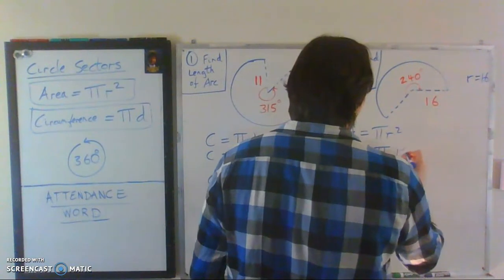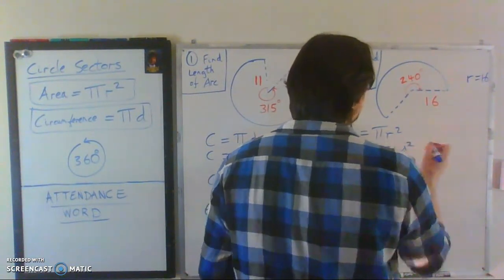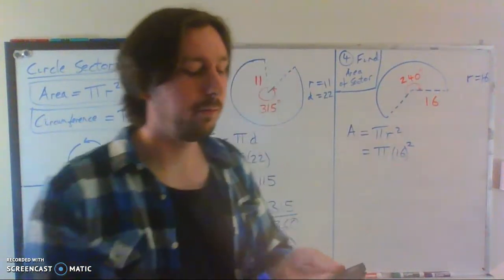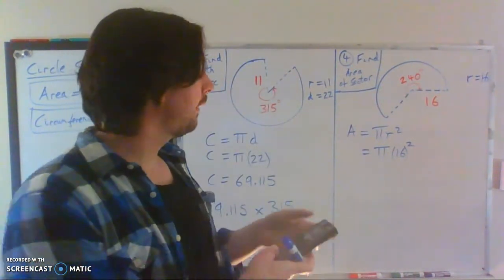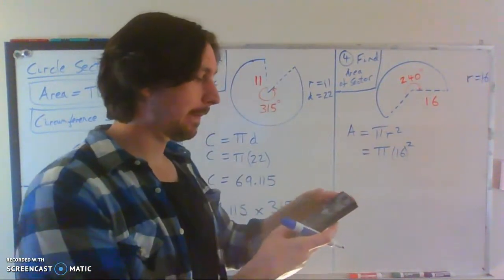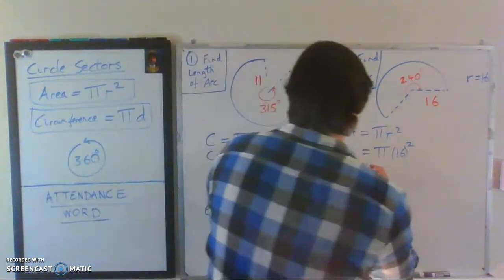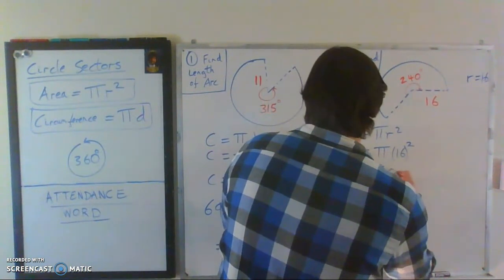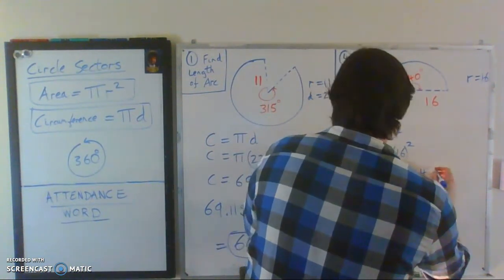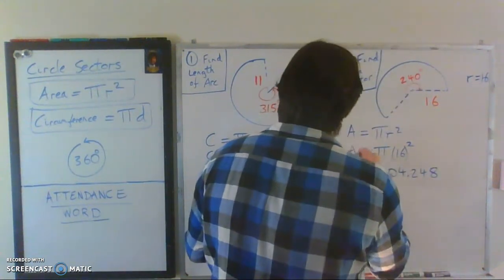So pi 16 squared. When you're doing this, remember to do the squared part first. 16 squared is 256 and then times that by pi, which will give me 804.248 if I round it.